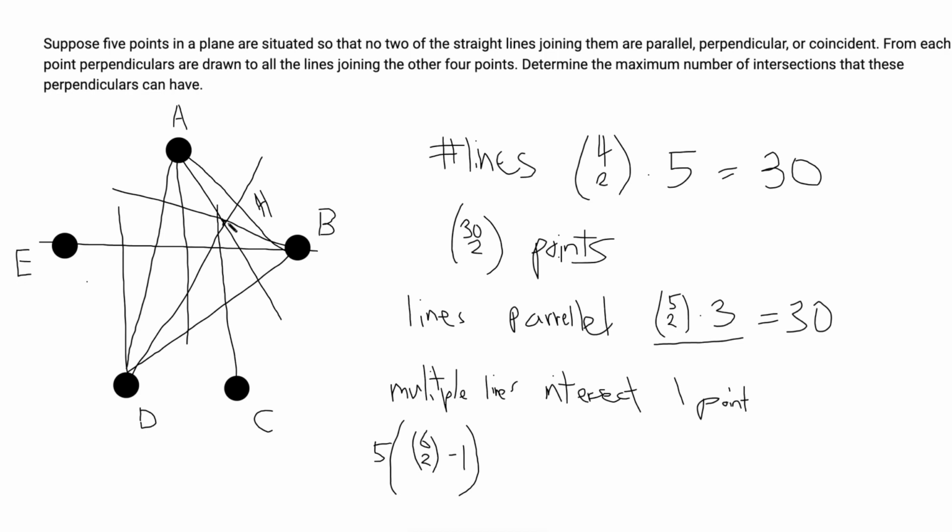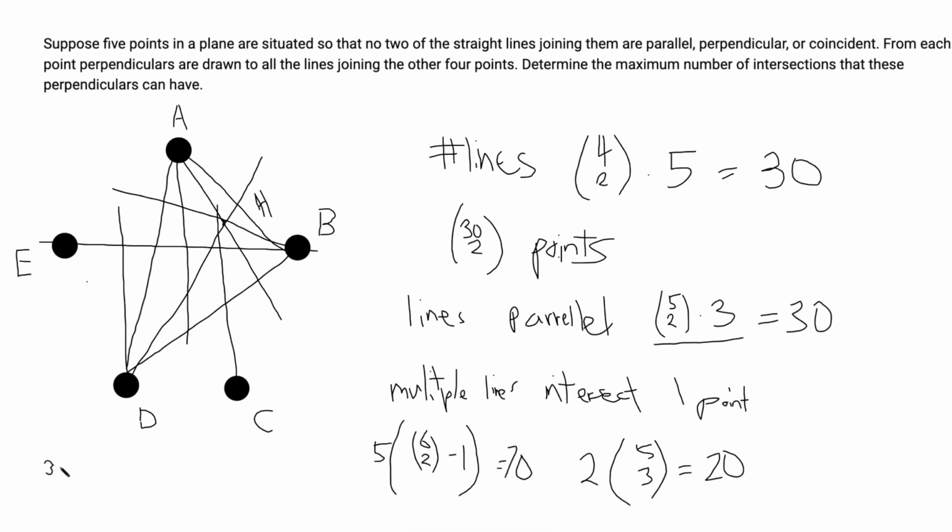So that is an overcounted case because 3 lines are intersecting at one point. For each of these that happen, how many times are we overcounting it? There are 3 lines, so we counted 3 points of intersection. However, there's only 1 point of intersection, so we overcounted 2 points. And how many of these are there? There will be 5 choose 3, because choose any 3 points and you can form a triangle with those 3 points.